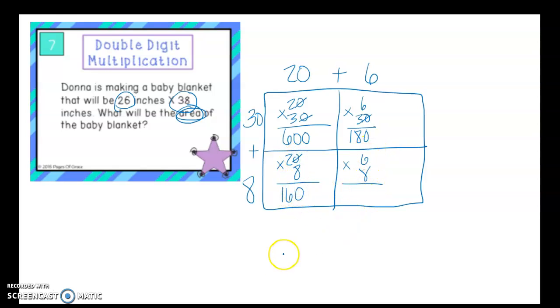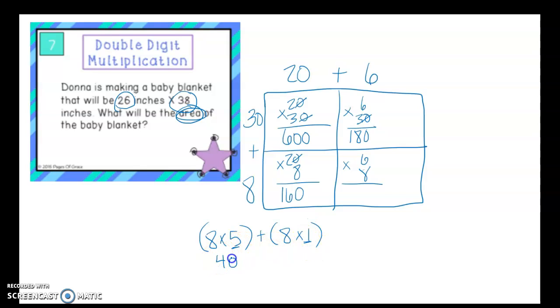6 times 8 is a little bit harder, so I'm going to use, I think it was the distributive property. Look on my poster. Yeah, the distributive property to help me. So what I'm going to do is break this into 8 times 5 plus one more group of 8, 8 times 1, because that's still going to give me 6 groups of 8.